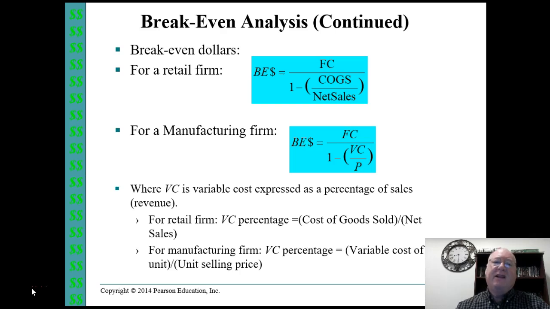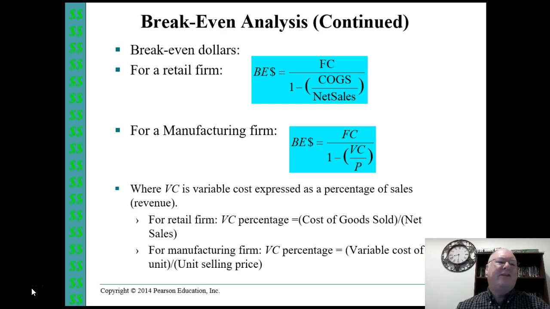So let's take our example that we sell cakes. In the numerator, the fixed cost is going to be $100 in salary that we want to cover. Our cost of goods sold in the denominator is $5 per cake divided by our net sales of $15, and that's going to give us a ratio of 0.67. So we can start to realize that we need to sell a certain dollar amount to be able to cover that.